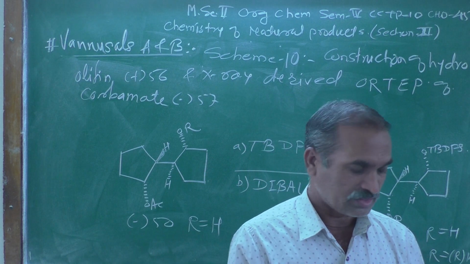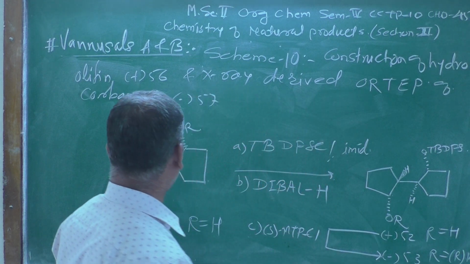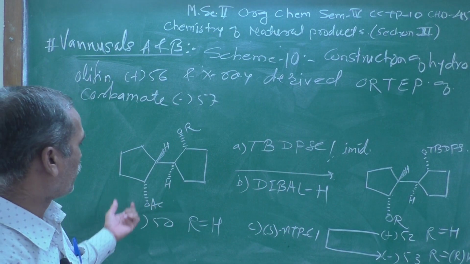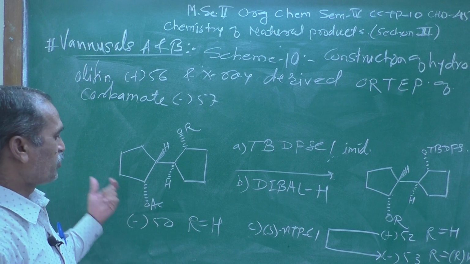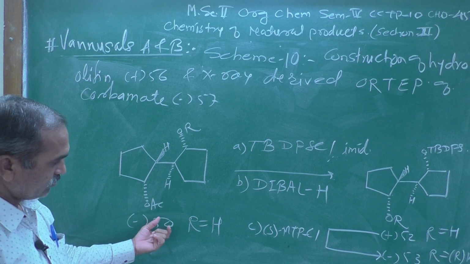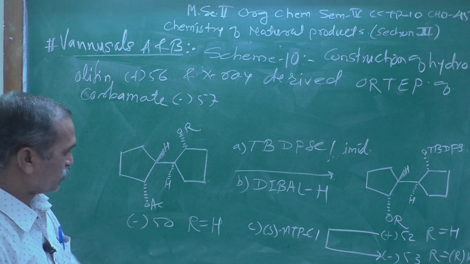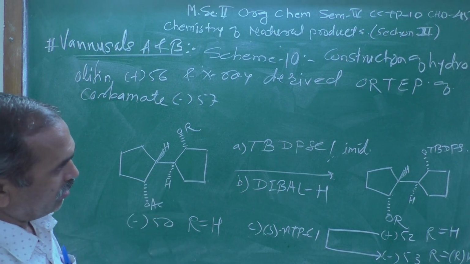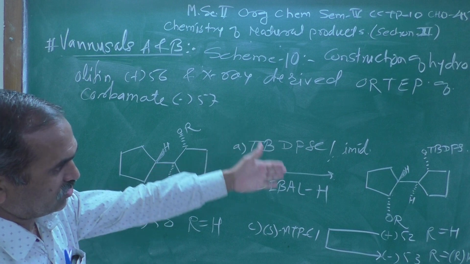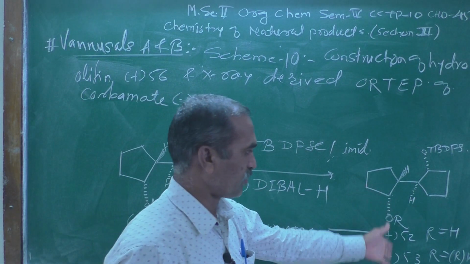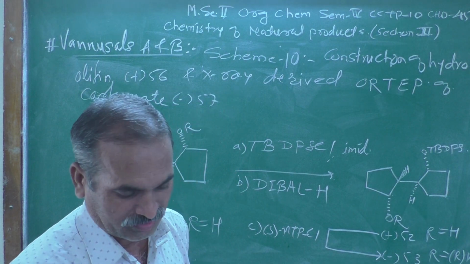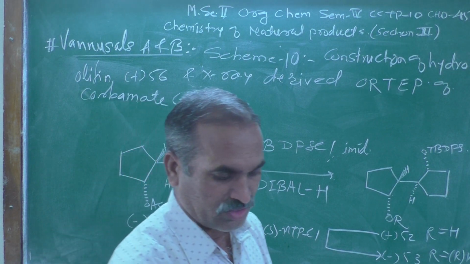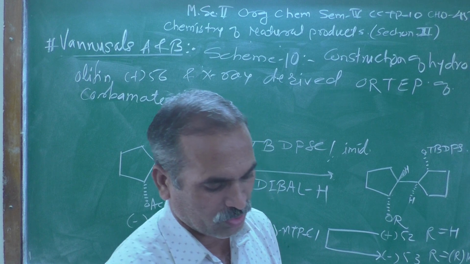From 50 you can see here the structure of enantiopure structure number 50, where R is equal to H. Then treated with these reagents we get this type of compound 52 and 53, after the treatment with reagent C.